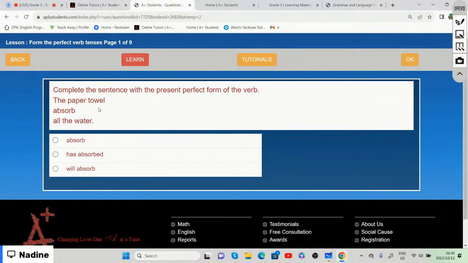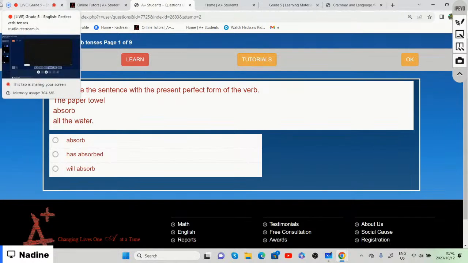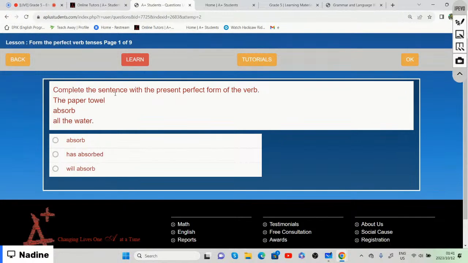The paper towel absorb all the water. So do we say the paper towel absorb all the water? Do we say has absorbed or will absorb all the water?